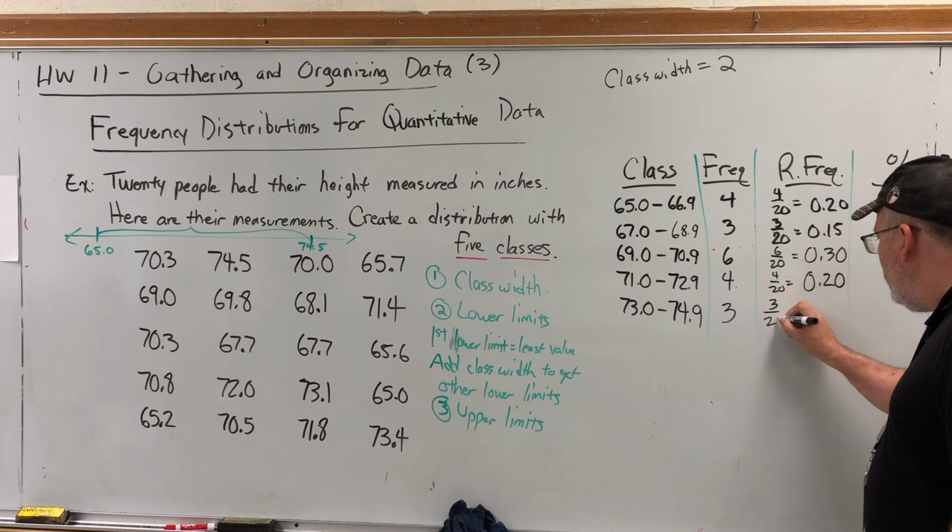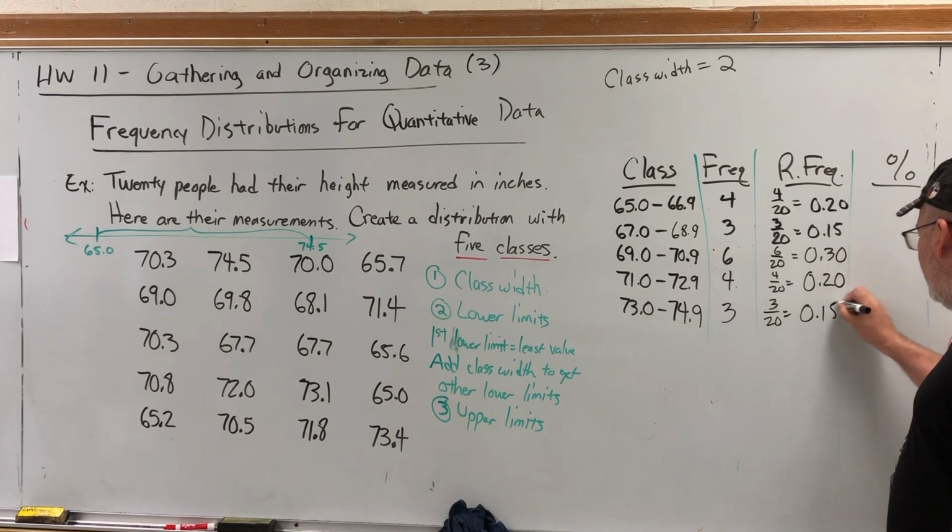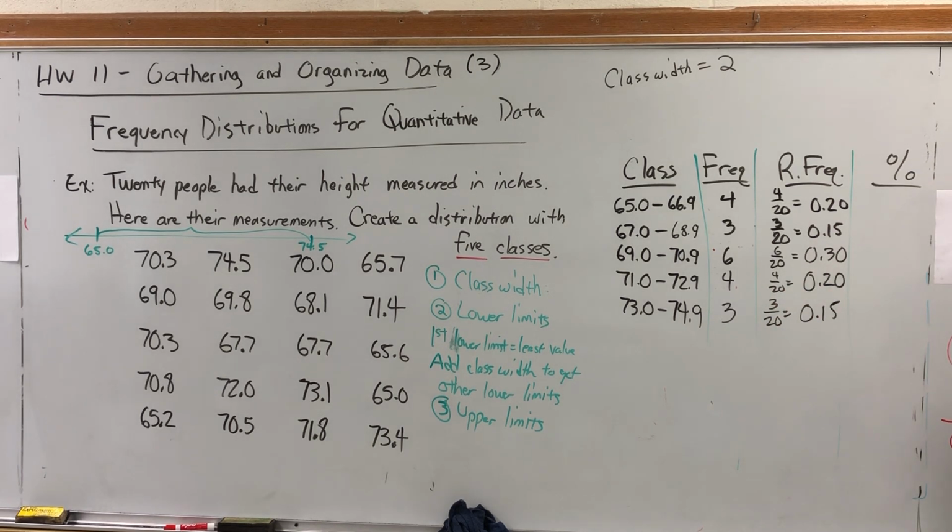And 3 divided by 20 is exactly 0.15. So the corresponding percentages would be 20%, 15%, 30%, 20%, and 15%.